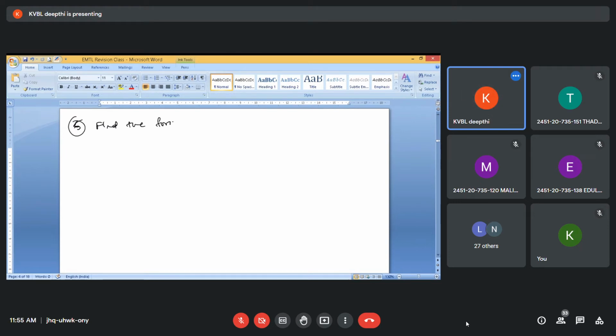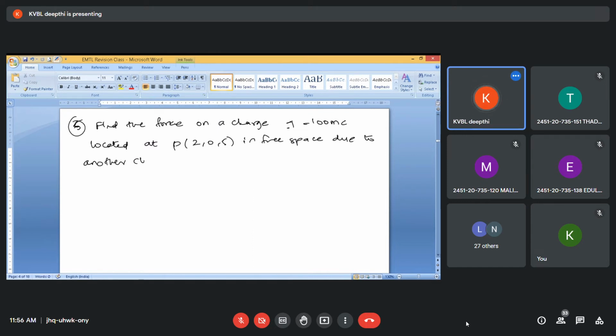Find the force on a charge of minus 100 millicoulombs located at P of 2, 0, 5 in free space, due to another charge of 300 microcoulombs located at Q of 1, 2, 3. So what have you understood here? First draw the diagram, that will be better.